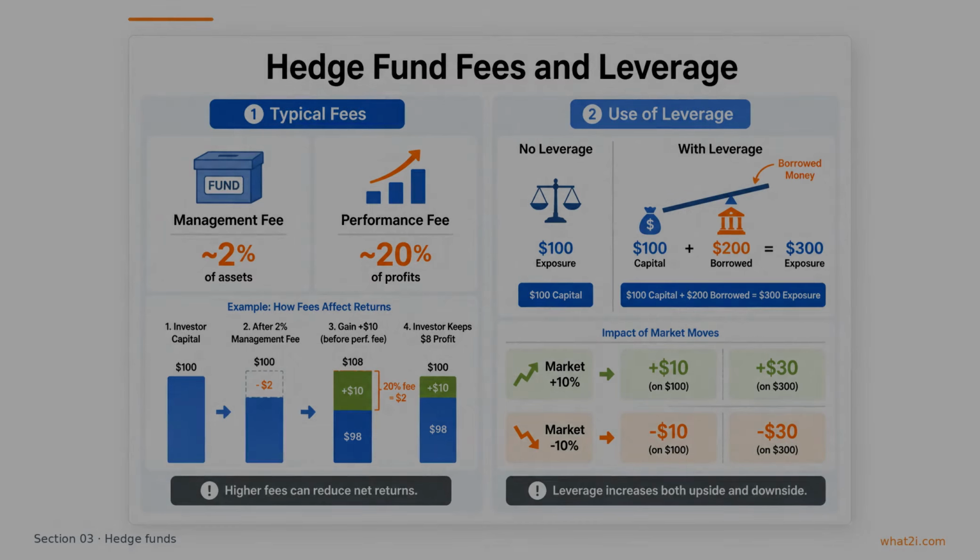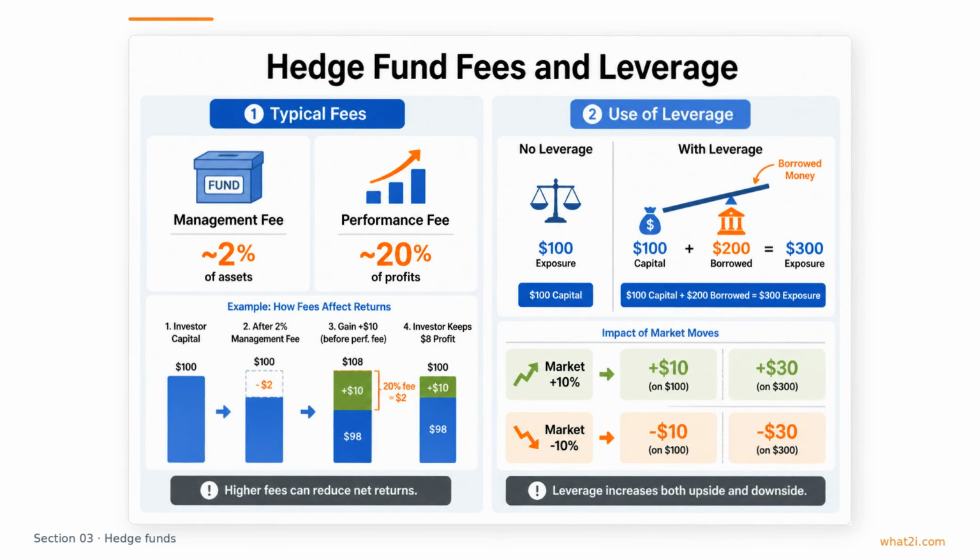Hedge funds are also known for their fee structure and frequent use of leverage. A classic model is a management fee of around 2% of assets plus a performance fee of around 20% of profits, though actual terms vary. That means investors may pay for access to skill and flexibility, but high fees can reduce net returns if performance is only average.